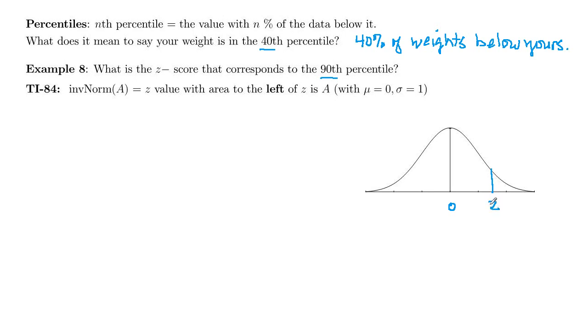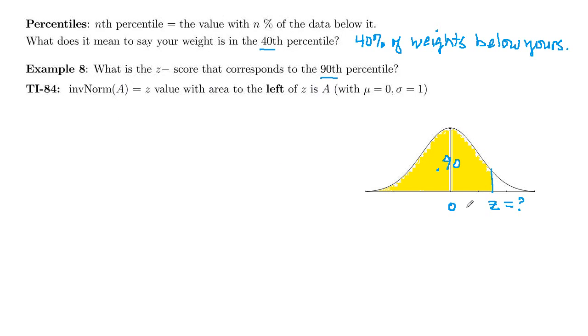So we want to know what is that z-score equal to, so that 90% of the data, so 0.90, is this area to the left. So that's going to be the left area there and there. That's 90%. So we use a function called inverse norm to give the z value with the area to the left of z is a, and a is the input for inverse norm.